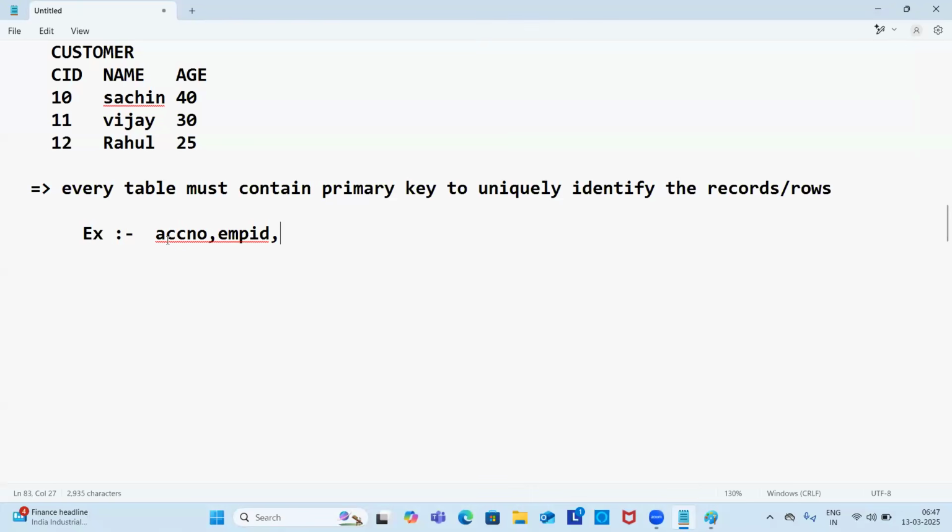The Indian government uses Aadhaar number to uniquely identify persons. Sorry, the income tax department uses PAN number here in India. The election department uses voter ID.